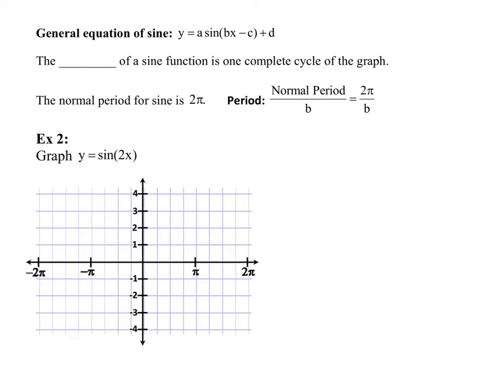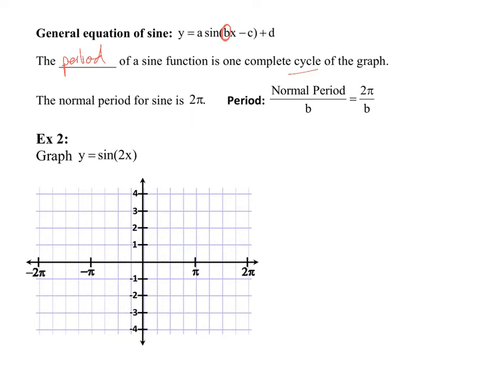The period of a sine function is one complete cycle of the graph. The normal period for sine is 2 pi, as stated before. So in this problem, you look at the b value. This b value in front of the x is what determines the length of the cycle.